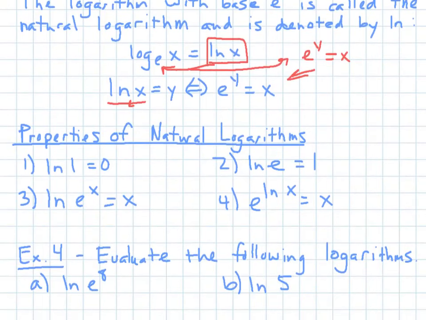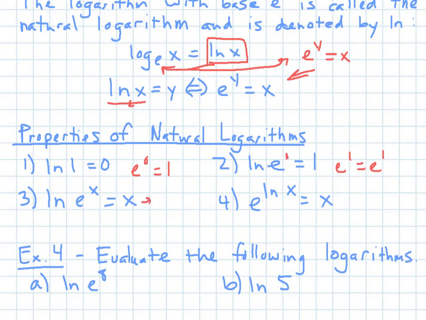Some more properties. Natural logarithms have the same type of properties, they're just with the base e more specifically. So if we say ln of 1 is equal to 0, that's just saying e to the 0 power is equal to 1. Okay? Ln of e is equal to 1. So here we're just saying that e to the first is equal to e to the first, basically, because there's a 1 exponent there as well.